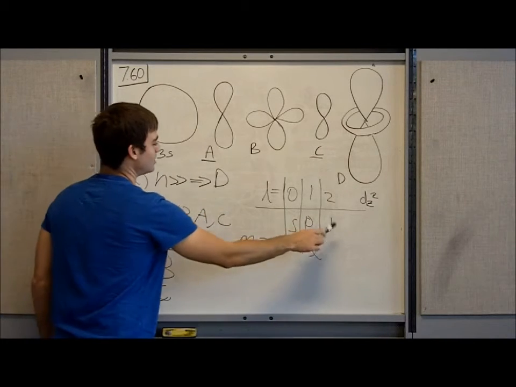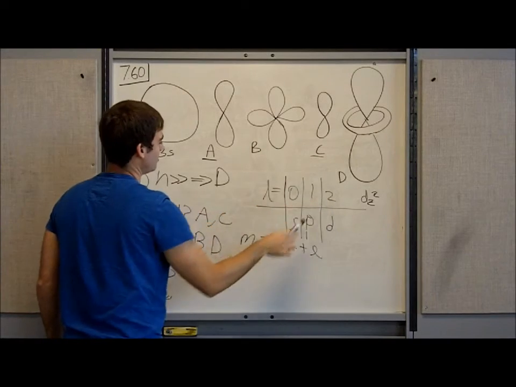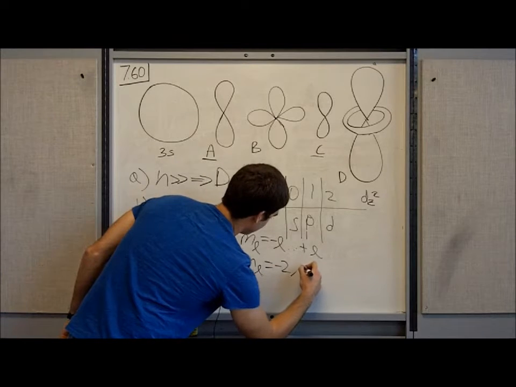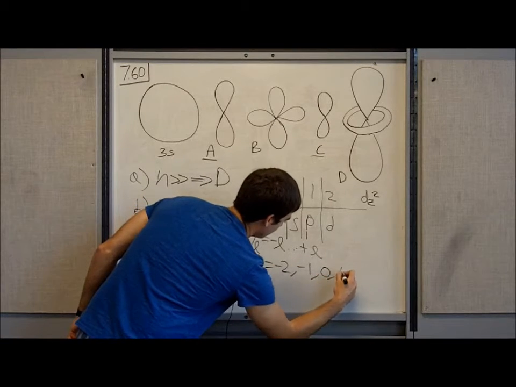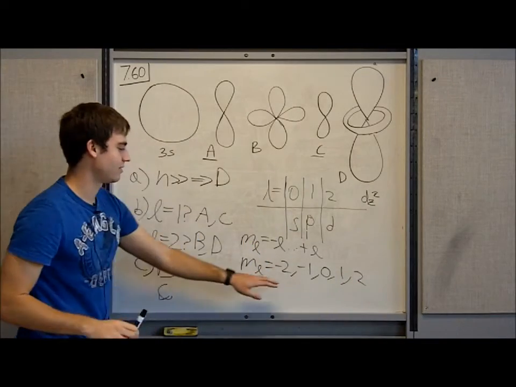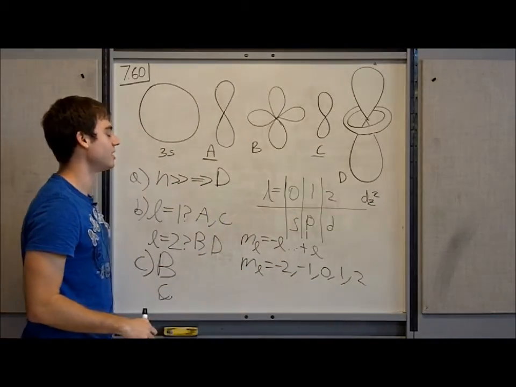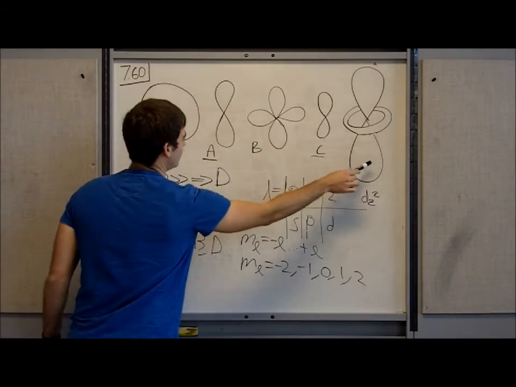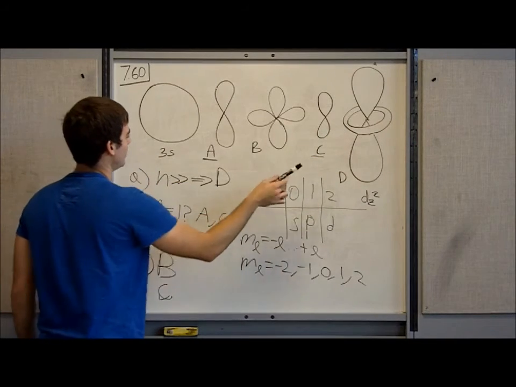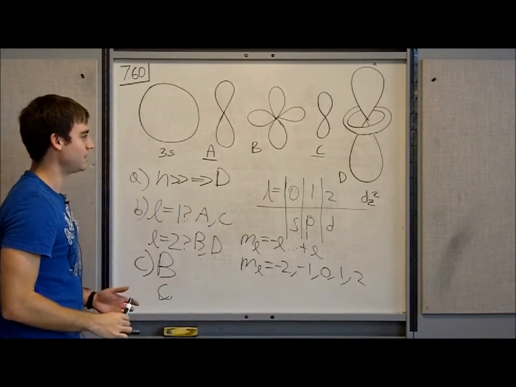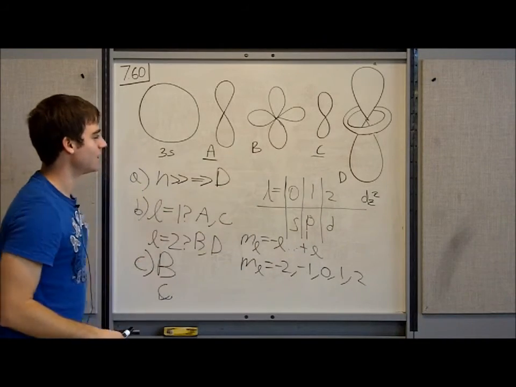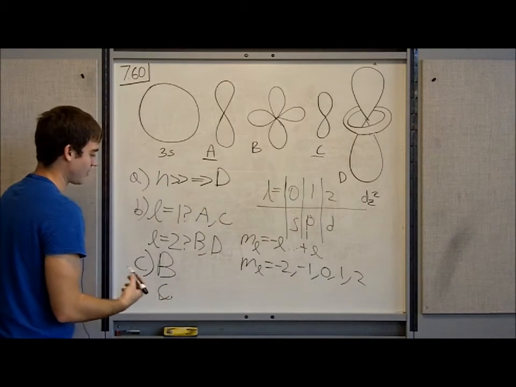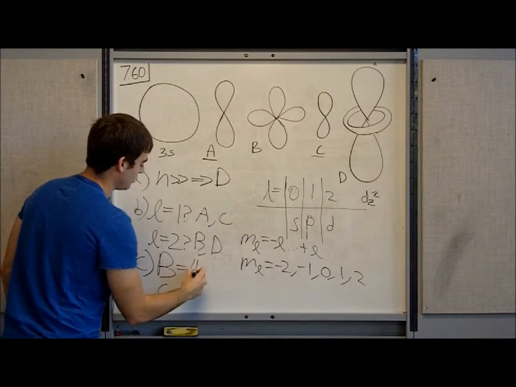Because l is 2 for a d orbital, that means there's negative 2, negative 1, 0, 1, 2. So there are 5 different d orbitals, as I showed originally. Orbital D is of a larger energy level, since it's much larger than B. So there are 4 others that are the same energy level and are also d orbitals.